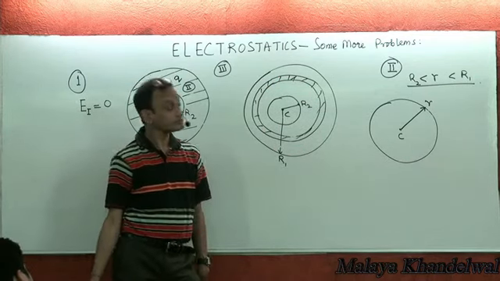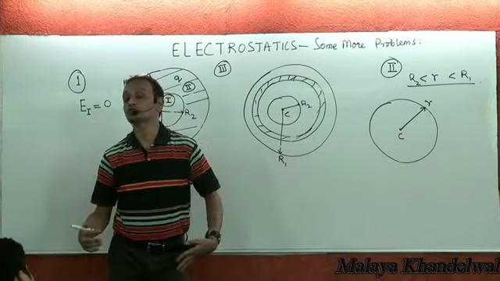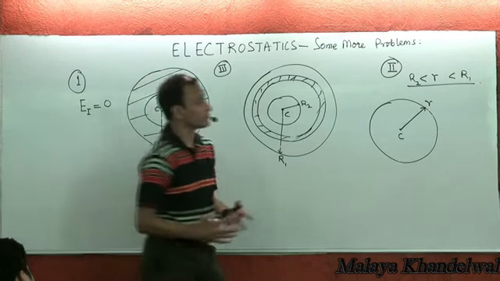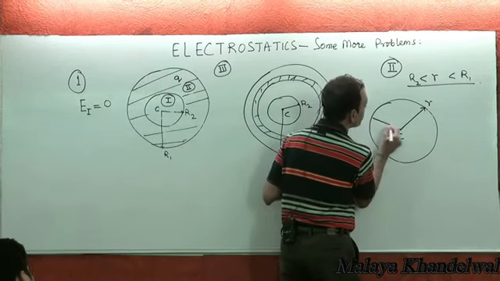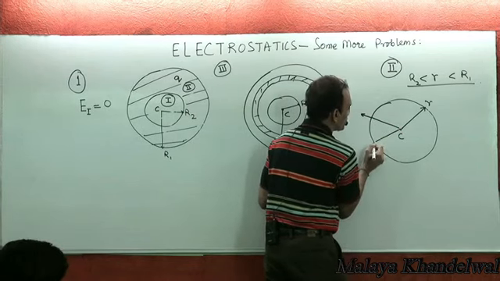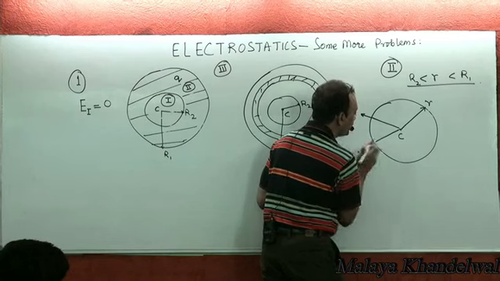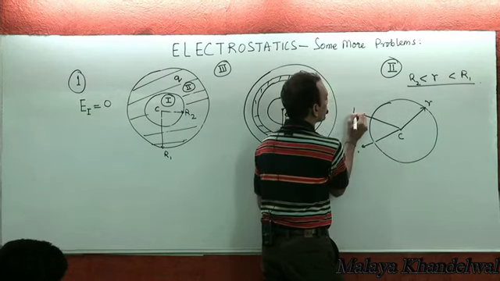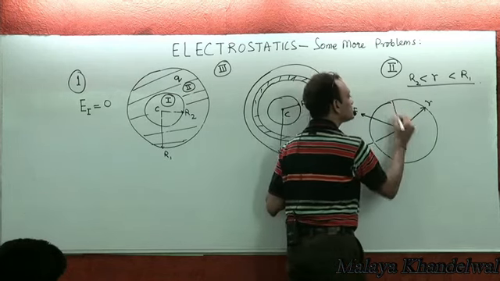Again, out of symmetry considerations, can I not say that the electric field at every point of this would not only be of equal magnitude, but would be directed radially outwards, yes or no? Can I say this?